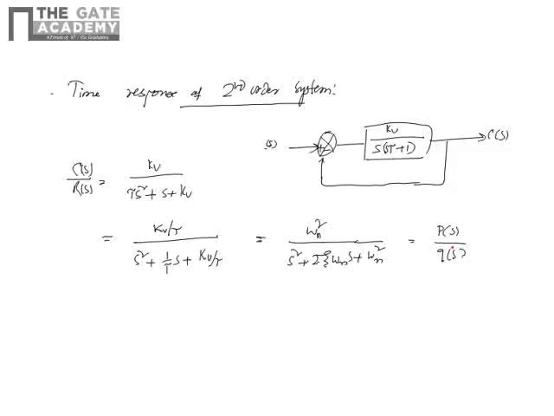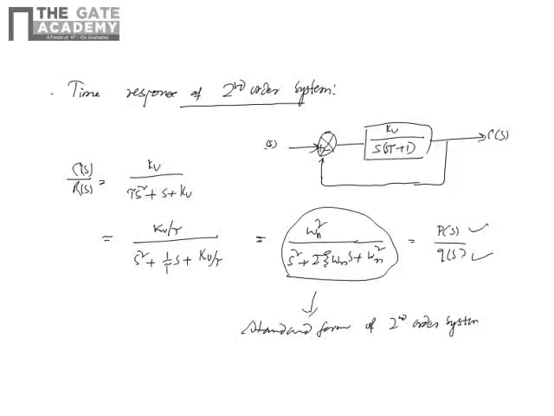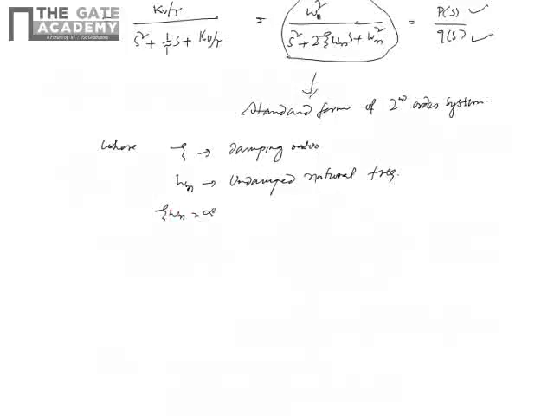So the transfer function in the form of a rational, like a numerator polynomial and a denominator polynomial, then this is a standard form of second order system, where zeta is the damping ratio and omega n is the undamped natural frequency, and zeta omega n equal to alpha, which is called damping factor.